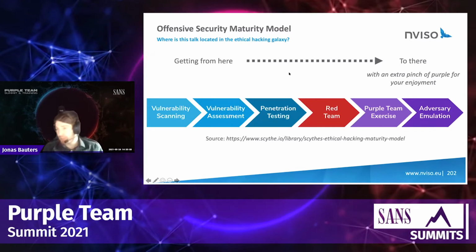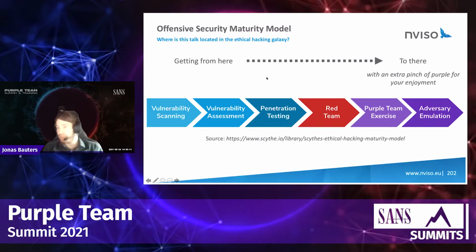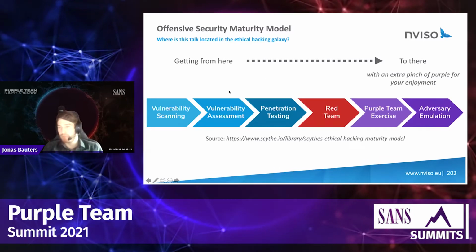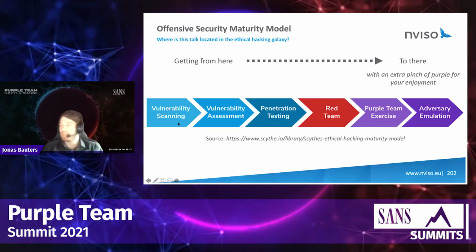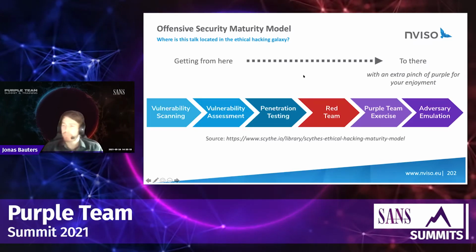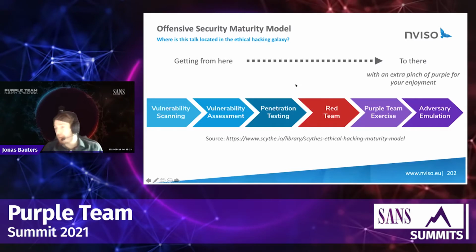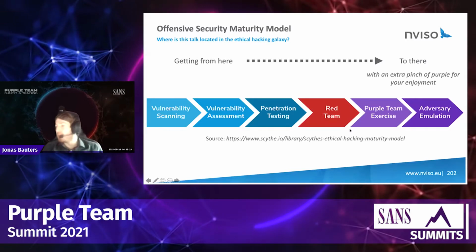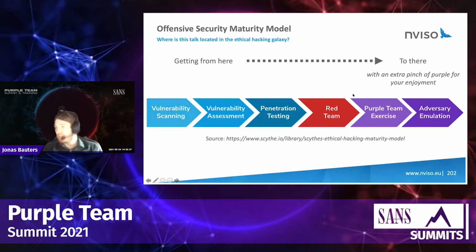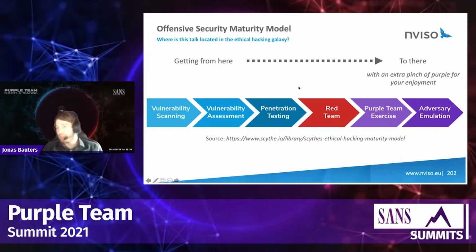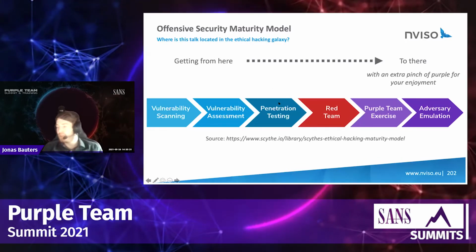So for this talk, my idea is to give you a presentation or an idea on getting from the leftmost side of the maturity model, vulnerability scanning, to the rightmost side, with a main focus on the right part. So mostly looking at red-purple teaming, adversary emulation, although with an idea on getting from the left to the right side as well.